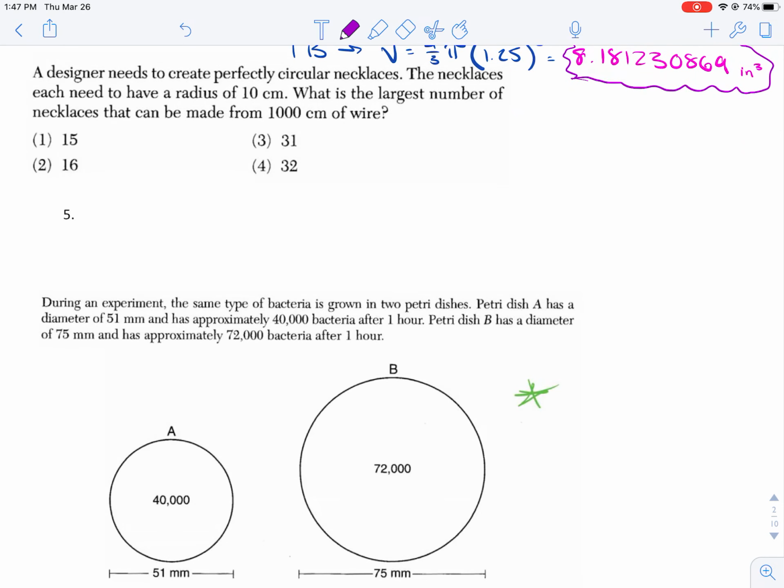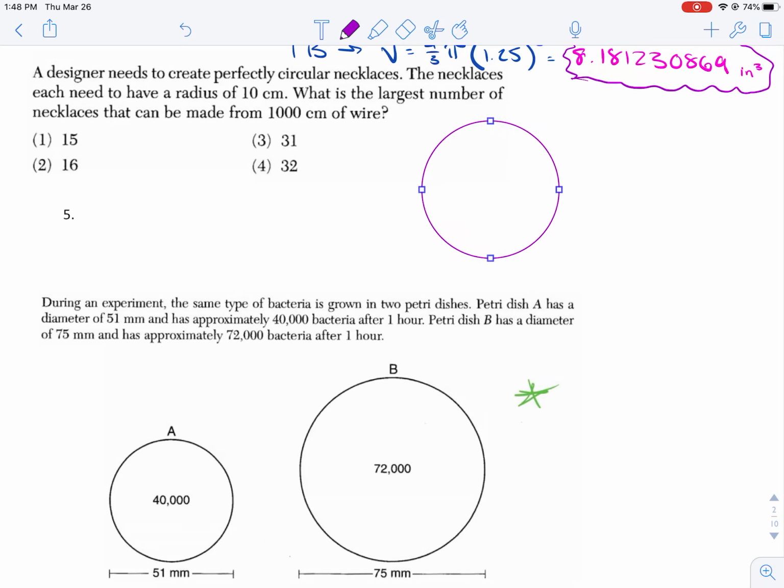So a designer needs to create perfectly circular necklaces. The necklaces each need to have a radius of 10 centimeters. What is the largest number of necklaces that can be made from 1,000 centimeters of wire? All right, so let me draw us a perfectly circular necklace.